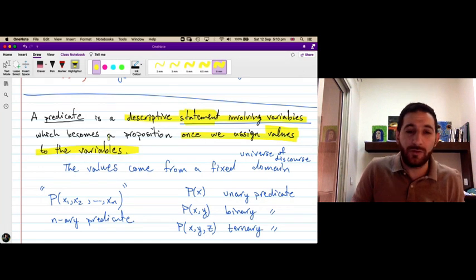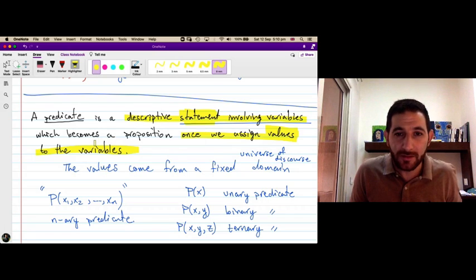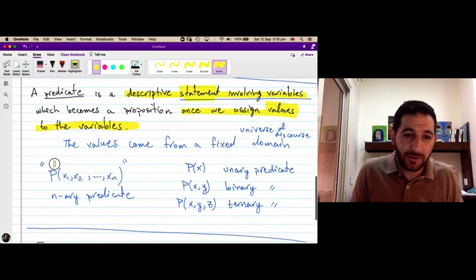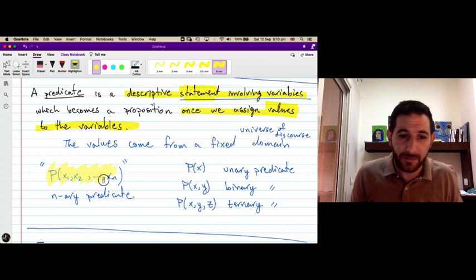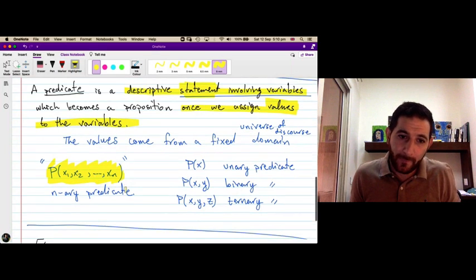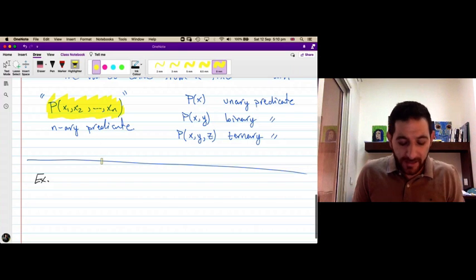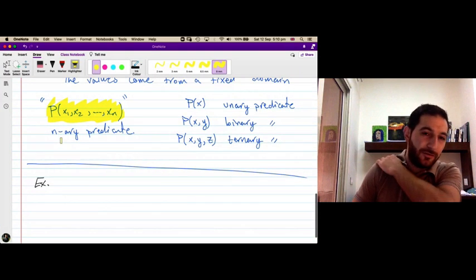So at the end of the day, a predicate is a statement which becomes a proposition when we assign values, and usually this is how we denote it: P(x1, x2, up to xn). We use capital letters such as Q, R, S, T for predicates.